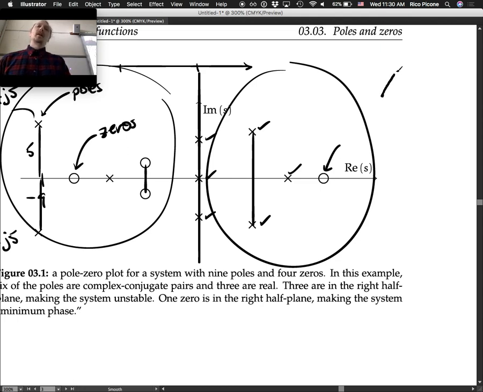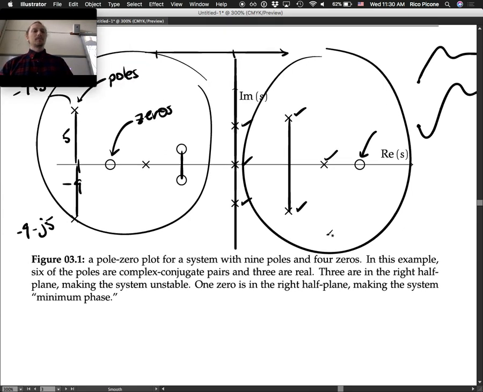Instead of responding like you would think a second order system would respond to a step input, a non-minimum phase system starts off and goes down first, and then it comes up. So they do weird things. They're harder to control. They're harder to deal with. So if a 0 shows up in the right half plane, that kind of stuff can arise, but that is beyond the scope of this course.